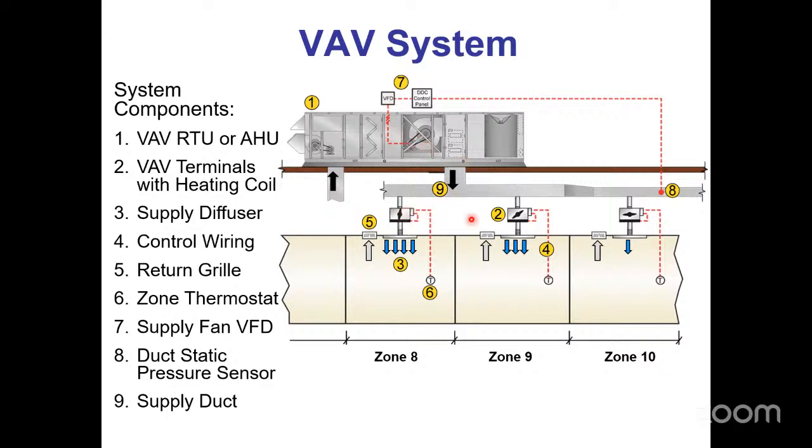As these individual zones start throttling their dampers closed because they want less cooling, pressure builds up in this duct system. That pressure sensor senses that and throttles the fan back. Essentially, it says, hey, if you guys don't want my air, that's fine. I'll just give you less air, and whoever wants it can take it, and everyone else, you can pound sand. Not my problem. And then as the zones open up to get more cooling needs, the pressure sensor recognizes that the pressure has dropped in the duct, and it then increases.